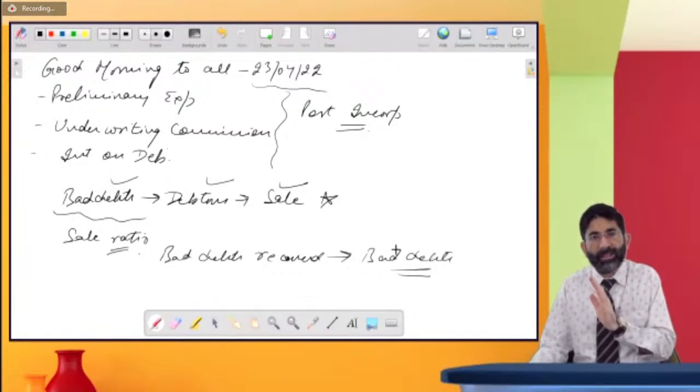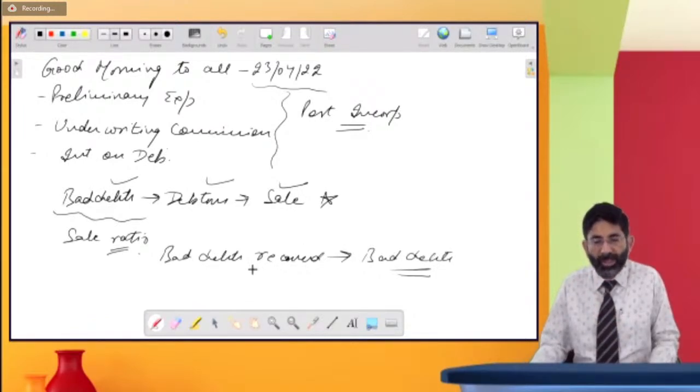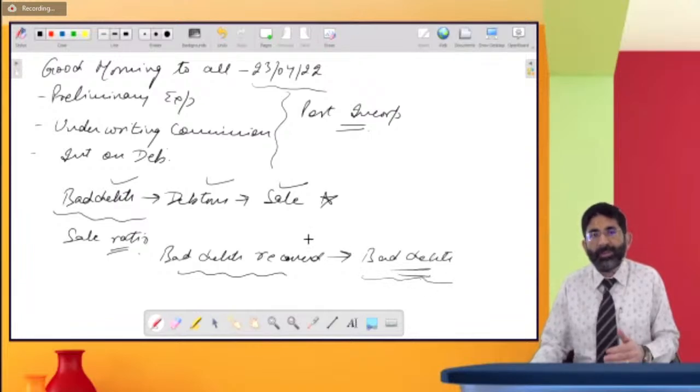Once a bad debt is written off, the link between bad debts and bad debtors is broken. So now the link of bad debts recovered can go at maximum to bad debts, because once bad debts are written off, we can't carry it forward. We don't have any details or information of it.